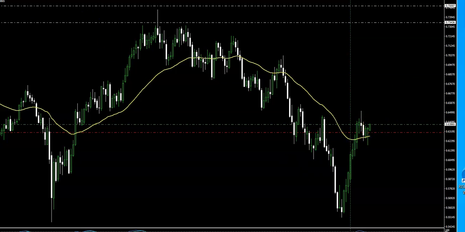And for those of you that are head and shoulder enthusiasts, you could possibly look at the left shoulder, right shoulder, and the head. And if that's the case, symmetry would be from here to there.